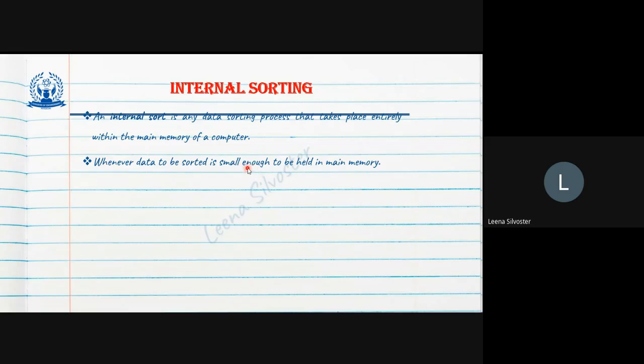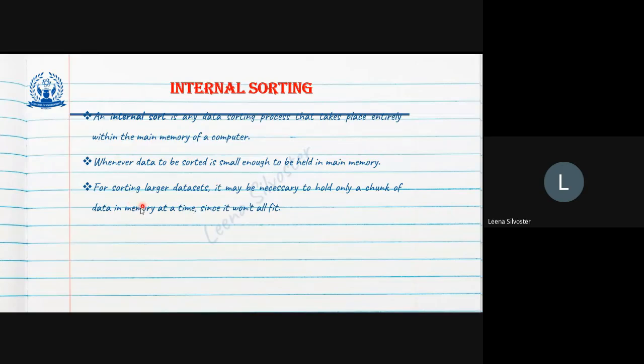If it is small, it can be stored in the main memory. For sorting a large data set, it may be necessary to hold only a chunk of data in memory at a time, since it will not all fit.